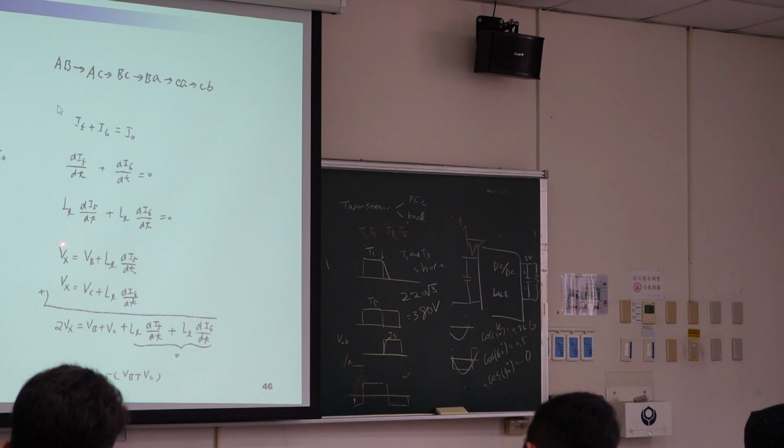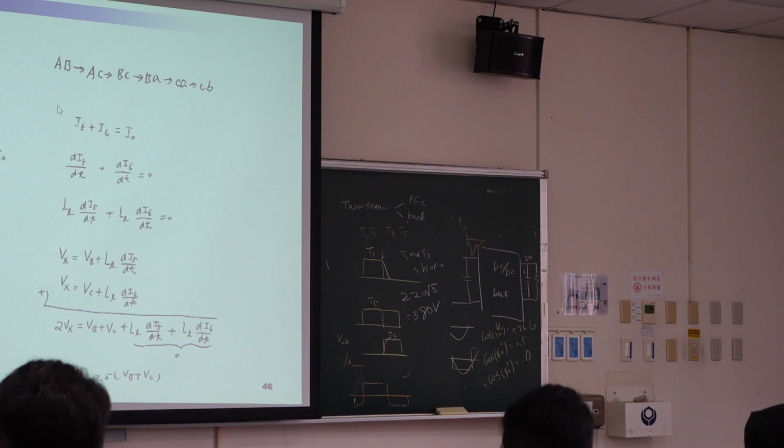If we sum this one and this one, we get 2Vx, equal to Vb plus Vc plus LL dI5/dt plus LL dI6/dt. But dI5/dt plus dI6/dt is 0. So then Vx equals 0.5 times Vb plus Vc.